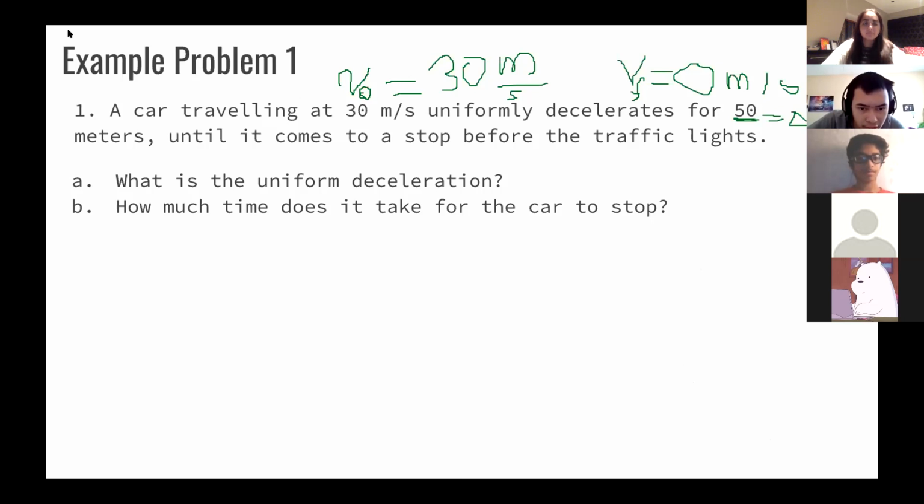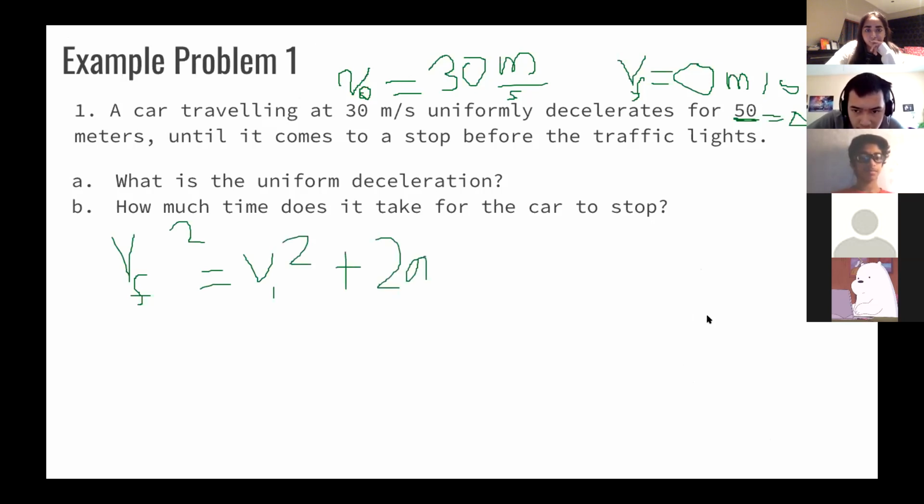We have vf squared equals vi squared plus 2a delta x. Sorry for my messy handwriting.